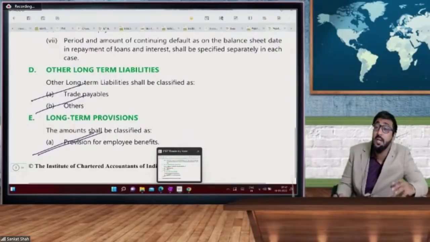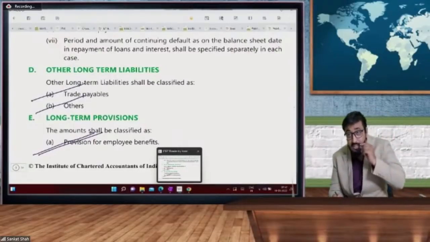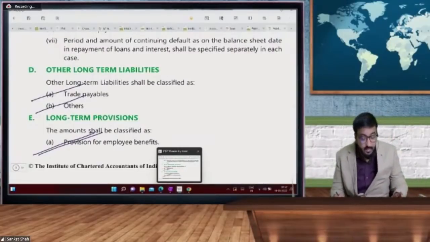Now, what is the difference between provision and liability? Yes, any one of you, please tell me what is the difference between liability and provisions?